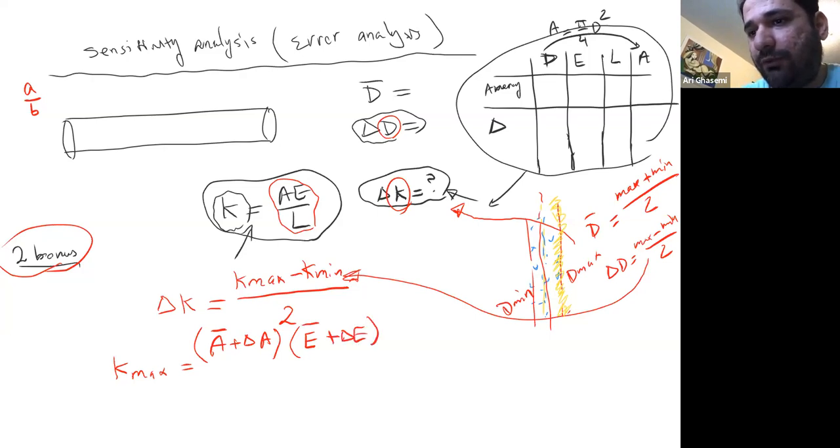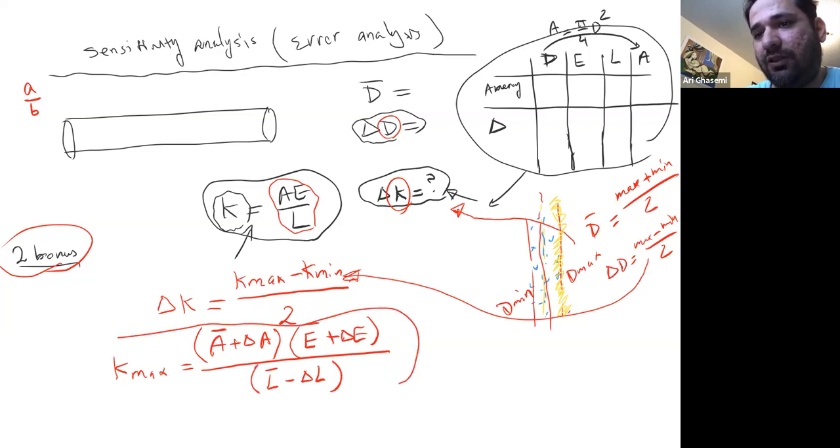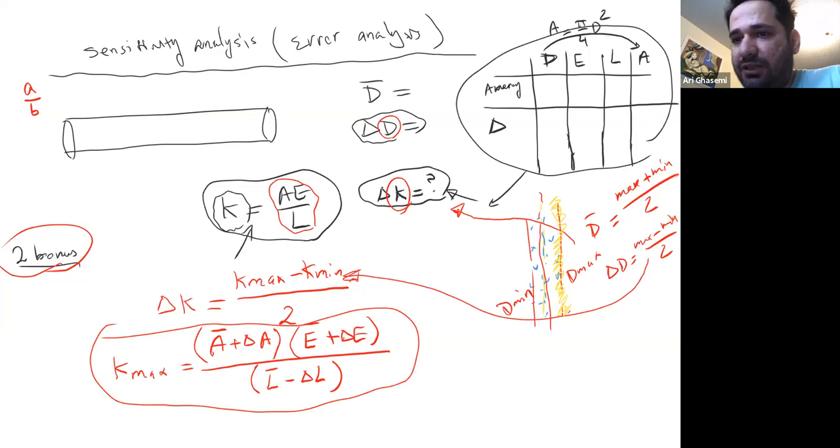Now what should I put for the bottom? The minimum. When do I get the minimum for L? When L becomes L average minus delta L. Interesting. You see, all these averages and deltas, delta A, average A, already, are a bunch of numbers you put in this table.